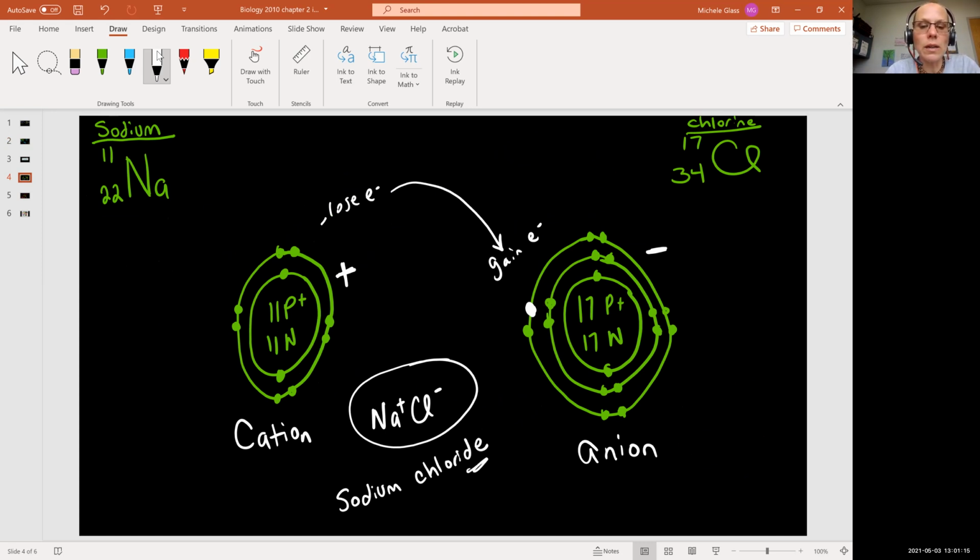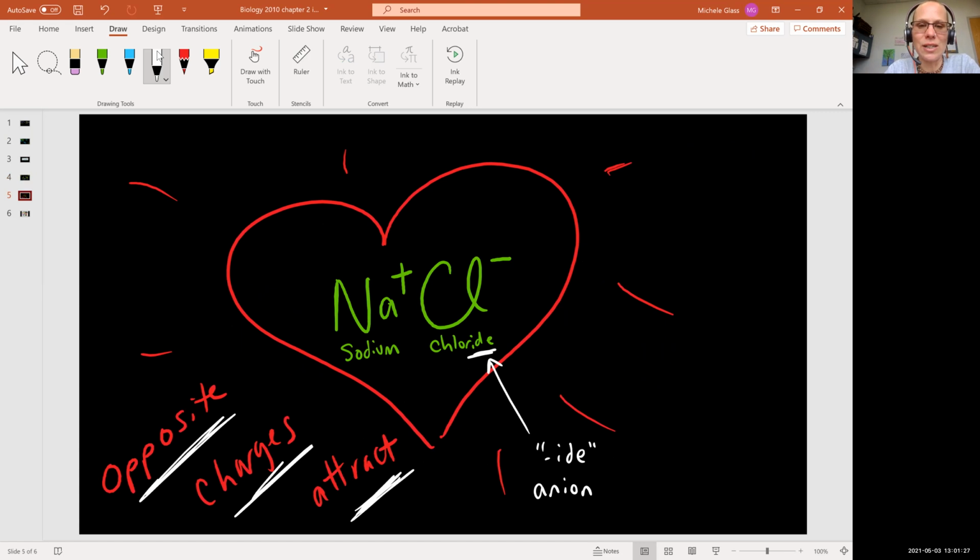So chlorine becomes called chloride. Now, what is it that's actually holding the sodium and the chloride together? That is actually just this attraction between charges. So we see that opposite charges attract in chemistry.